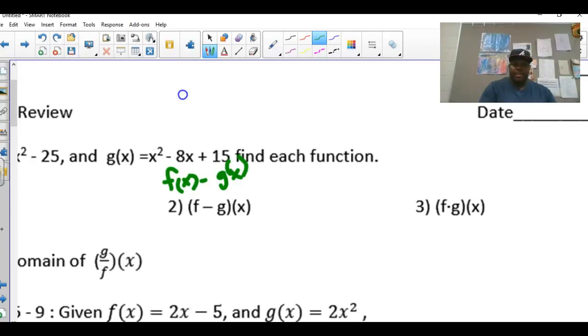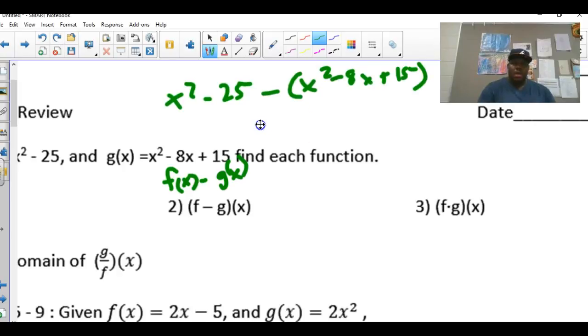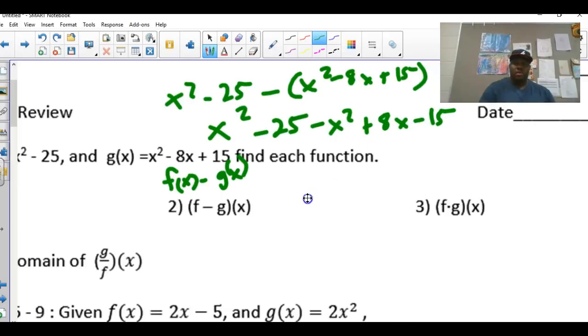So if you take f of x minus g of x, you got to distribute that negative, guys, to this whole thing, so it'll look like this: x squared minus 25 minus x squared plus 8x minus 15. Alright, distribute the negative.